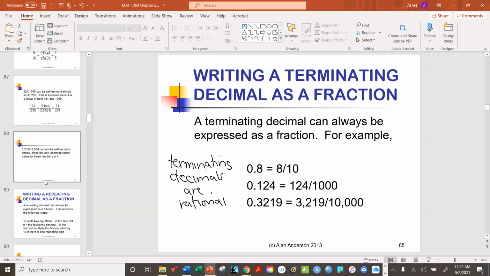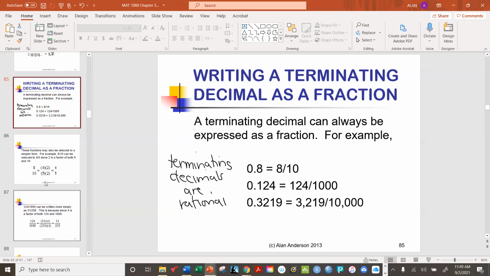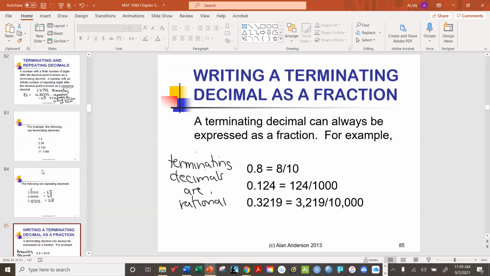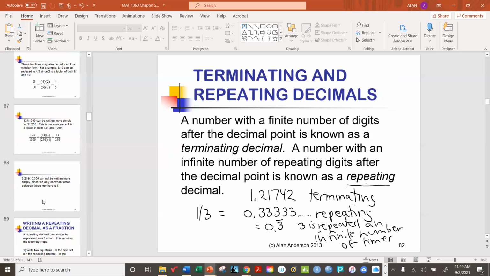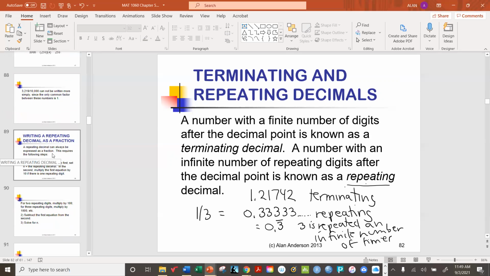What about the repeating decimals? We now know that in these two new categories, the terminating decimals are always rational because they can be expressed as a ratio of two integers. How about the repeating ones? Well, it turns out that the same thing is true for the repeating decimals.